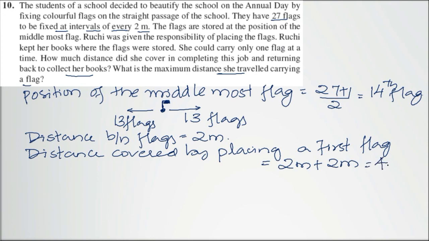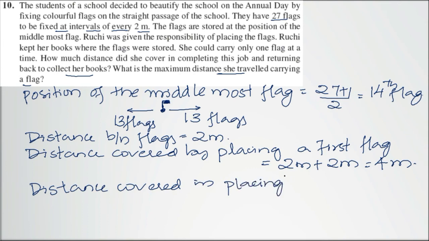So totally 4 meters is the distance covered placing the first flag. Distance covered in placing second flag will be 4 meters plus 4 meters, totally 8 meters.